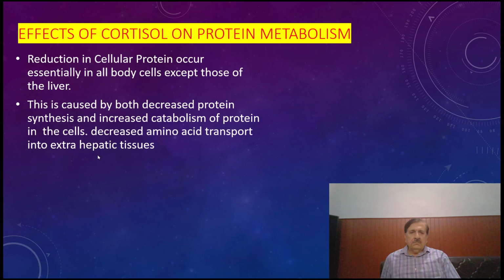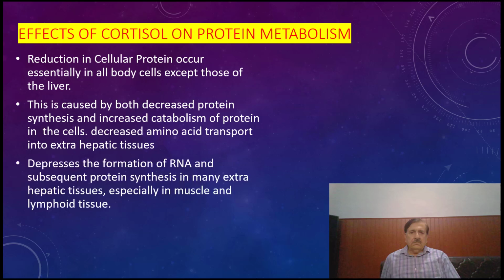This is caused by both decreased protein synthesis and increased catabolism of protein in the cell, and decreased amino acid transport into the extrahepatic tissue, which depresses the formation of RNA and subsequent protein synthesis in many extrahepatic tissues, especially in muscle and lymphoid tissue. There is a decrease in synthesis of RNA, so there is a decrease in synthesis of protein.